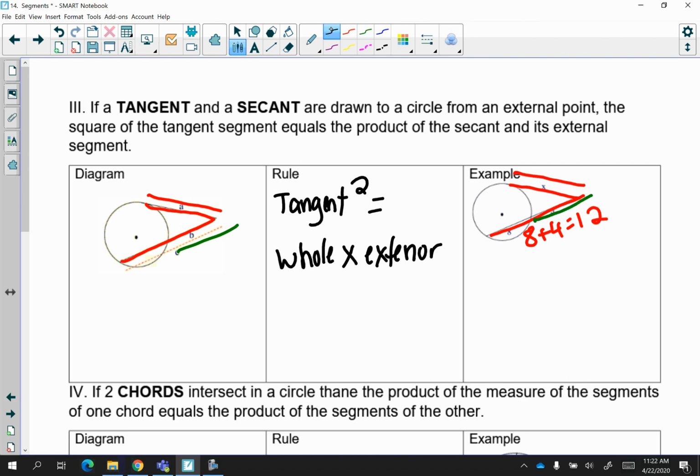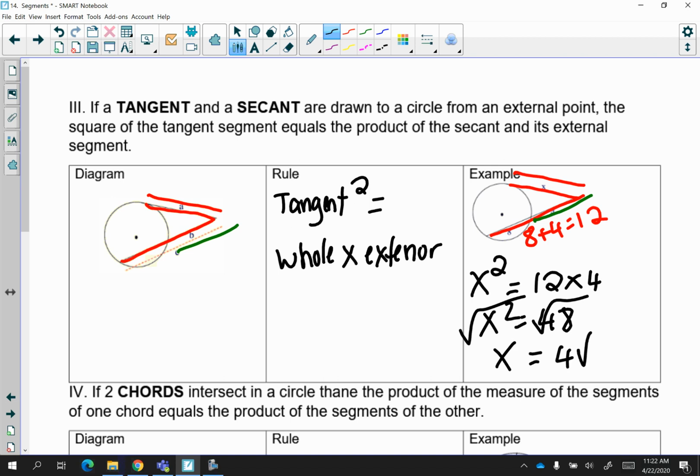So let's quickly put it in. X times x, or x squared, is equal to 12 times 4. X squared is equal to 48. Take the square root, and x is equal to 4 radical 3. Always in simplest radical form.